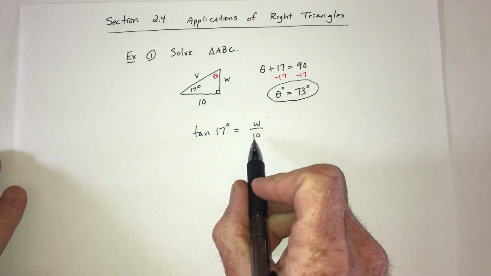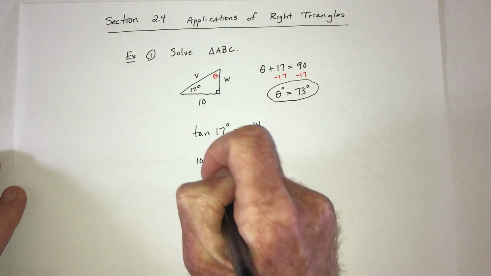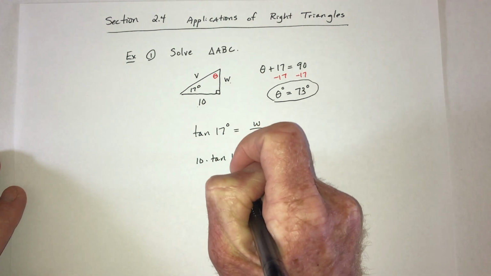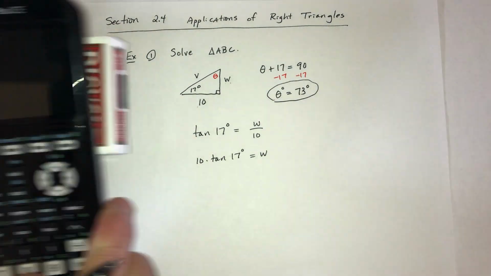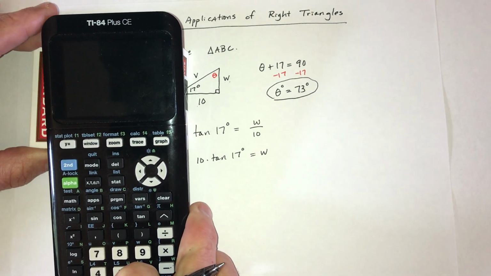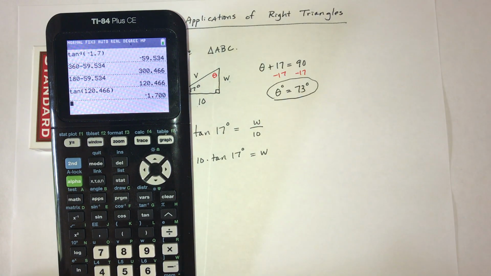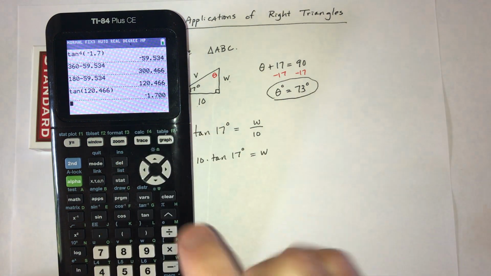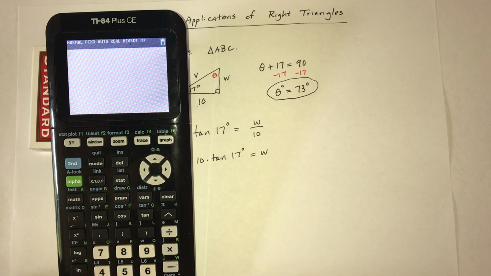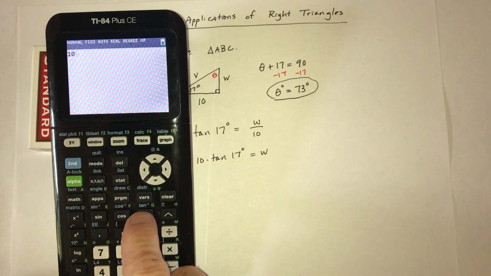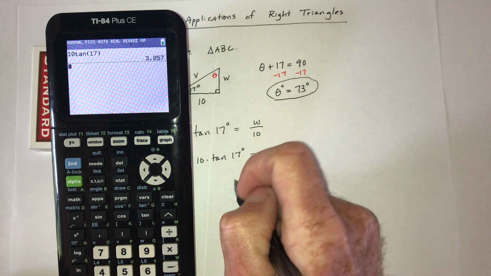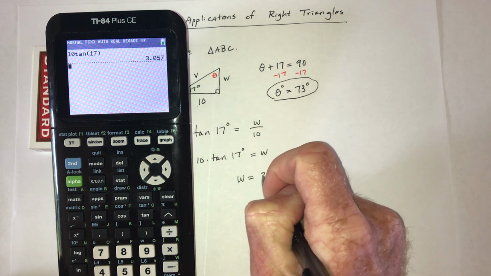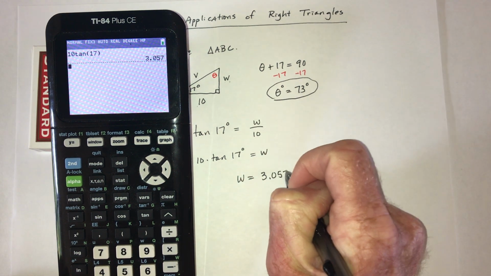And then multiply both sides by 10 and use a calculator. Make sure it's in degrees. So it's 10 tangent of 17 degrees. So W is equal to 3.057.